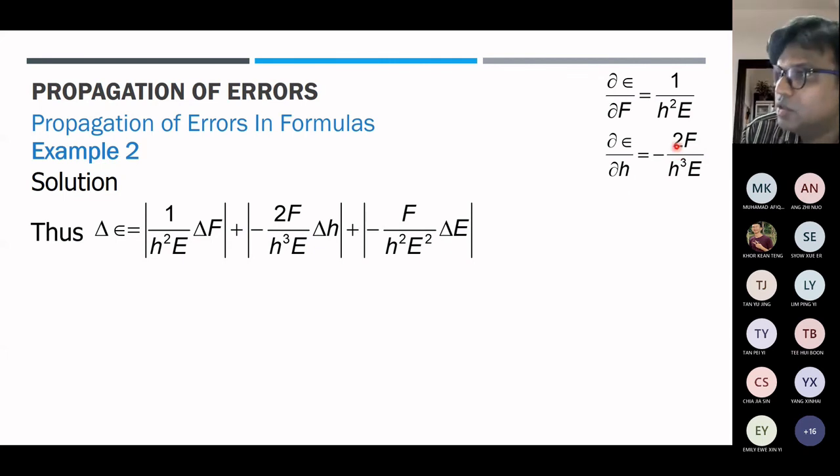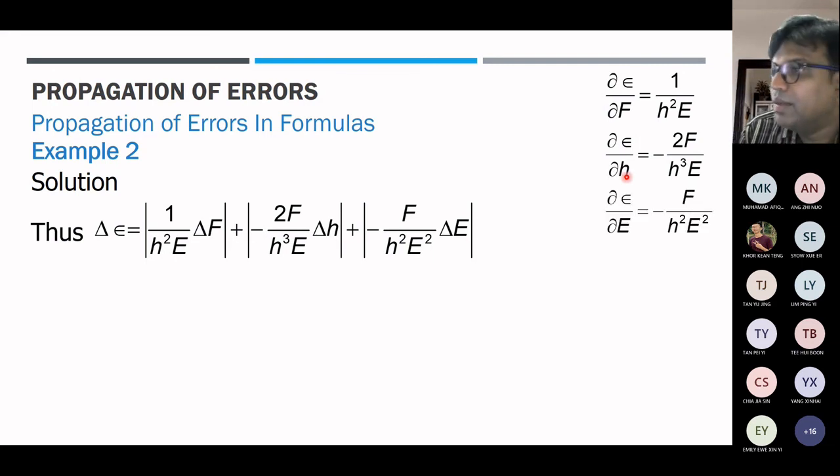So it becomes 2F over, don't forget the minus, because the H squared you bring up becomes minus 2. Bring it in front, and then minus 1 becomes minus 3, and after that you bring it down, it becomes H to the power of 3. So this becomes minus 2F over H cubed times E. So this is your partial derivative of the strain with respect to H.